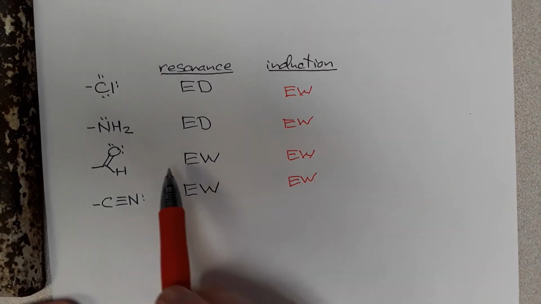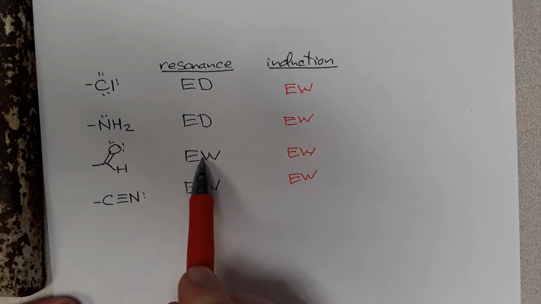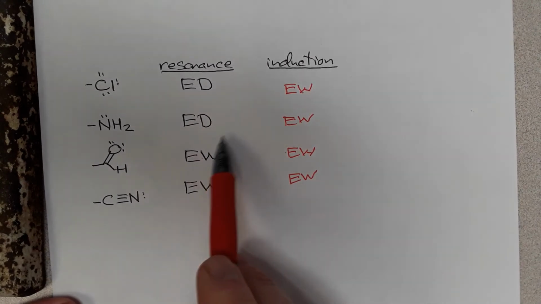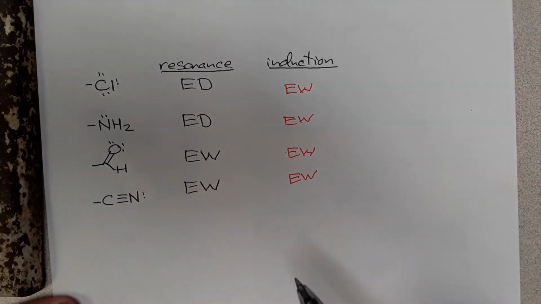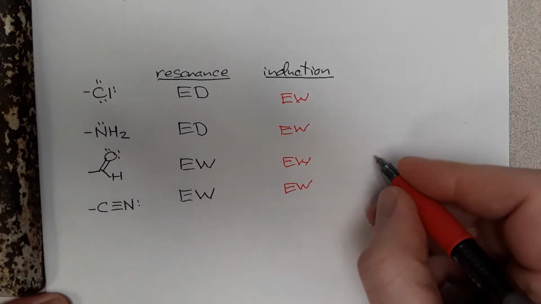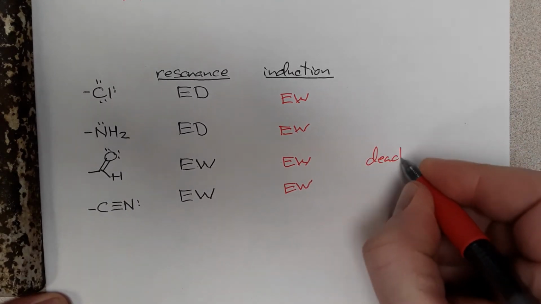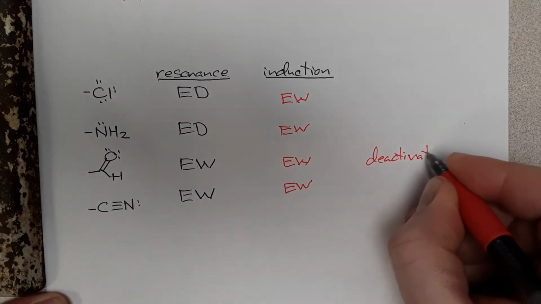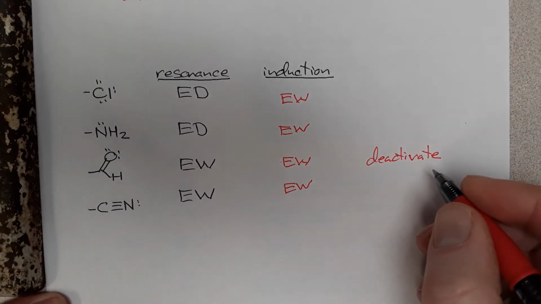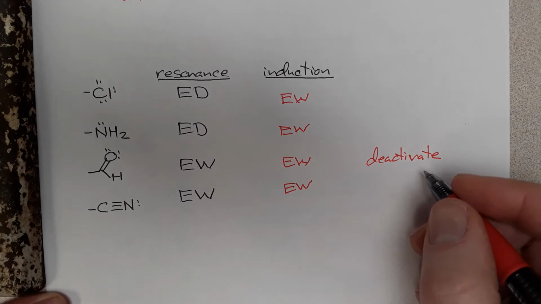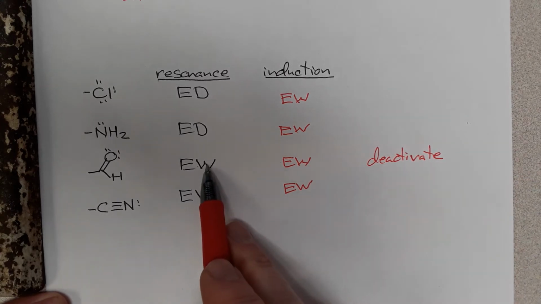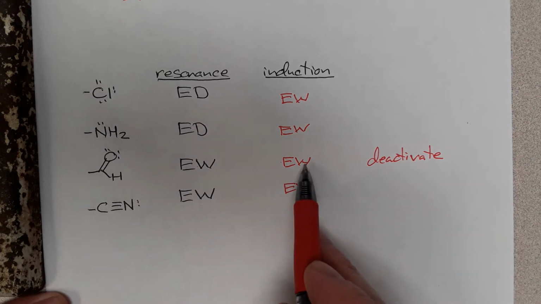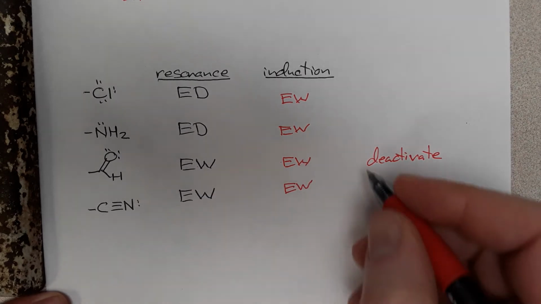So with these groups that were electron withdrawing by resonance, they're also electron withdrawing by induction, and so both of these are going to deactivate the ring. I can't talk and write at the same time. They're going to deactivate the ring by making it a worse nucleophile, by pulling electron density away by resonance and pulling it away by the inductive effect.